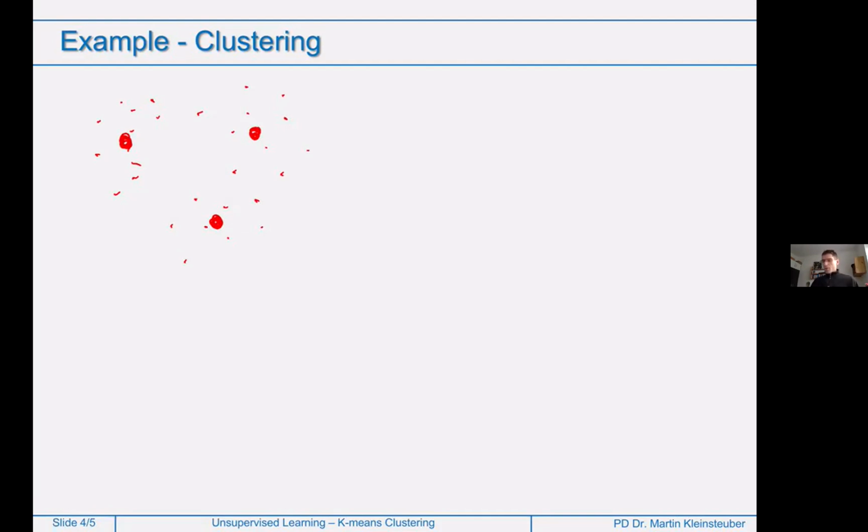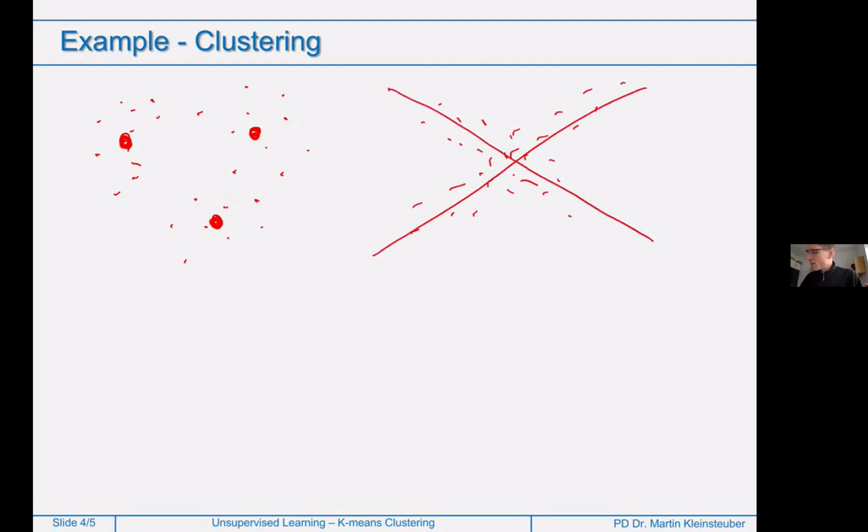One other thing that also fits here is if you have your data like that and you find two subspaces, and you say, well, I want to reduce the data and map it onto two subspaces, for example.